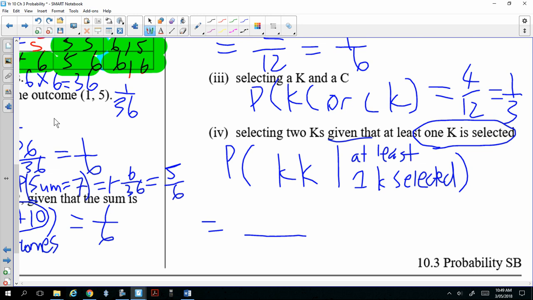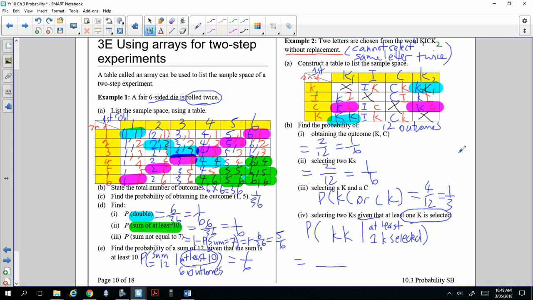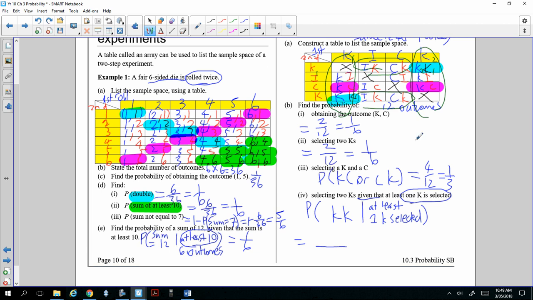Let me circle them. This has got 1 K in it. This has got 1 K in it. And these ones. So how many outcomes have at least 1 K? 1, 2, 3, 4, 5, 6, 7, 8, 9, 10. So at least 1 K selected means 10. Out of the 10, how many have got double K? 2. So it would be 1/5.